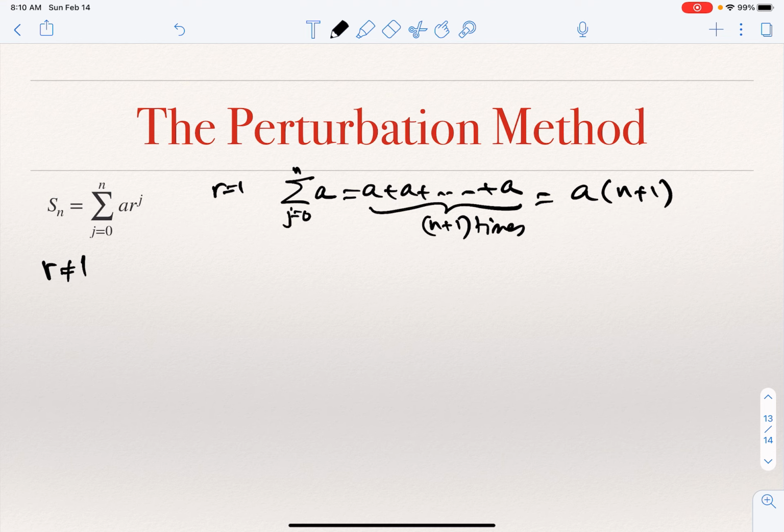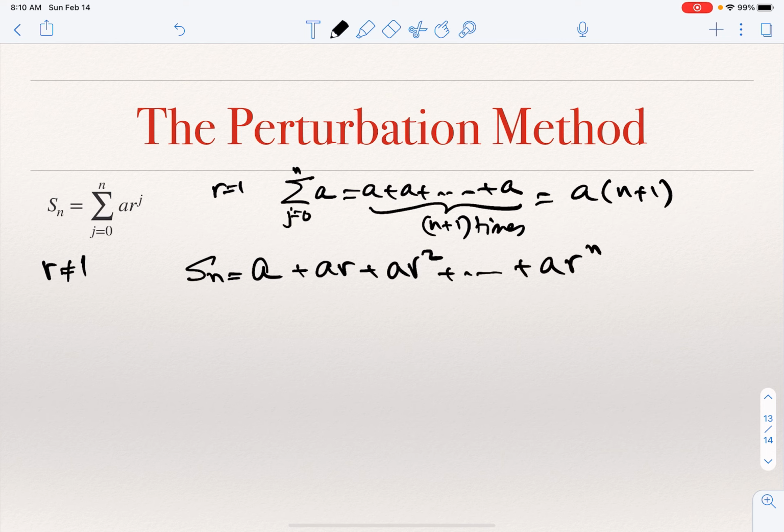So what we have now is Sn equals a plus ar plus ar squared plus, up to, ar to the n. Now I will multiply both sides by r. Why r? Because it is the ratio in this geometric progression. So I want to multiply both sides by r.